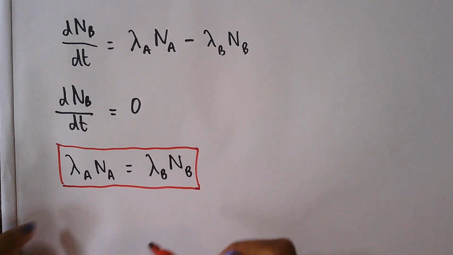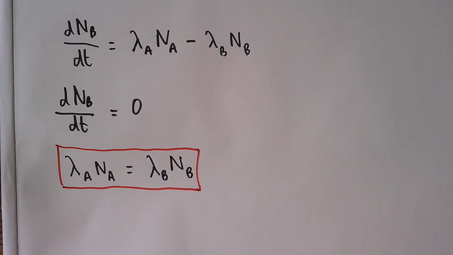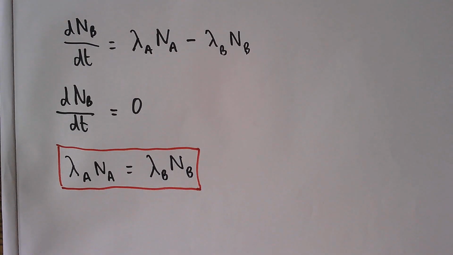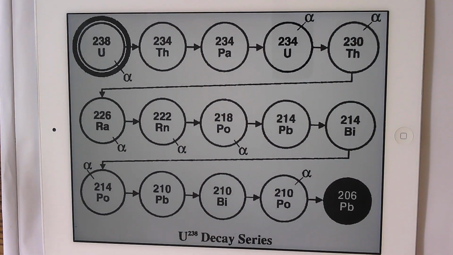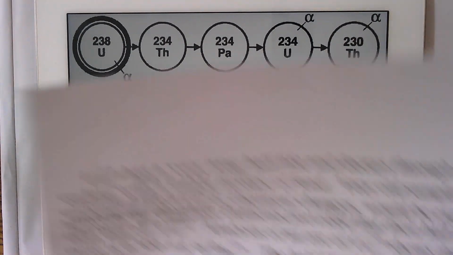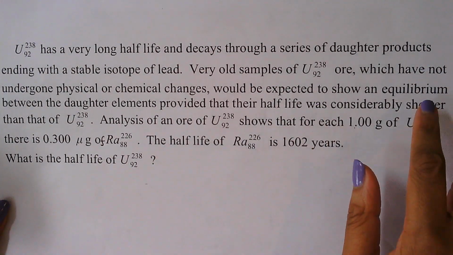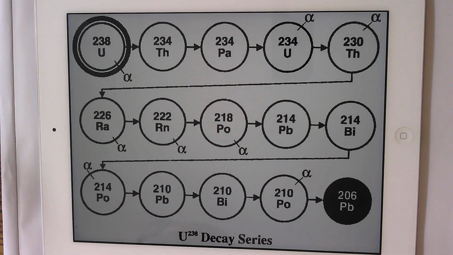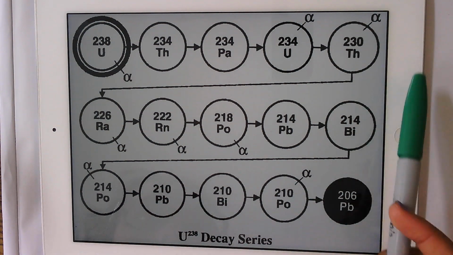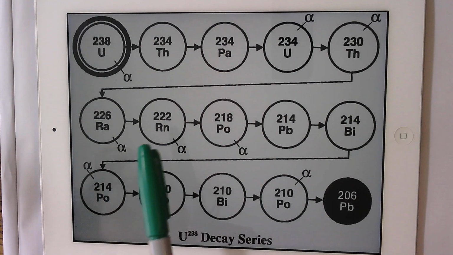Now, if we apply this to our question, which involves the radioactivity series of uranium-238, the question tells us that this sample of uranium is very old, and it shows an equilibrium between the daughter elements. So, for example, between thorium, radium, and radon, the system shows an equilibrium.